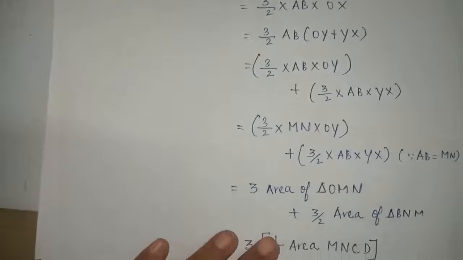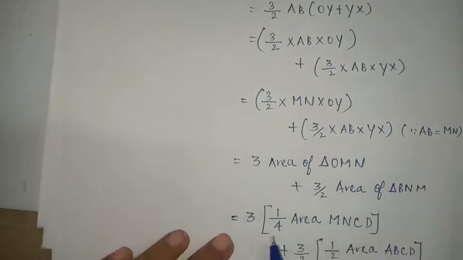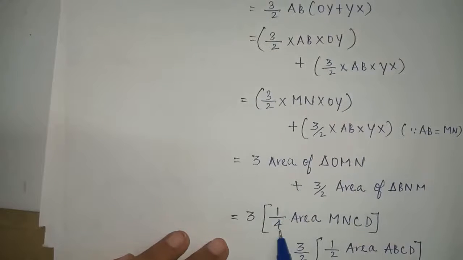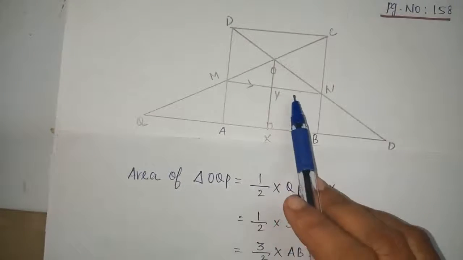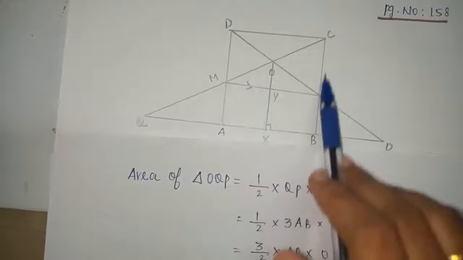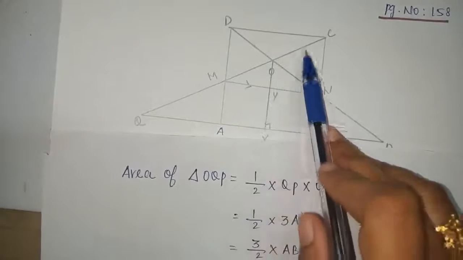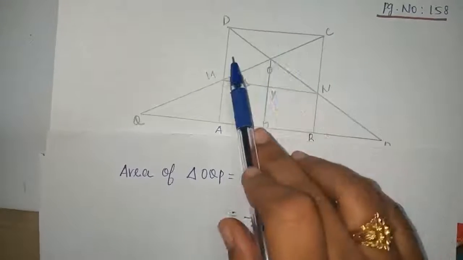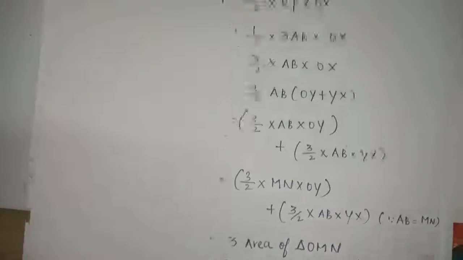So area of a triangle OMN plus 3 by 2 into area of a triangle BNM, which is equal to 3 into 1 by 4 of area MNCD. So which is nothing but 1 by 4th time of MNCD, because there are 4 triangles here, so 1 by 4th time of MNCD plus 3 by 2 into BNM.